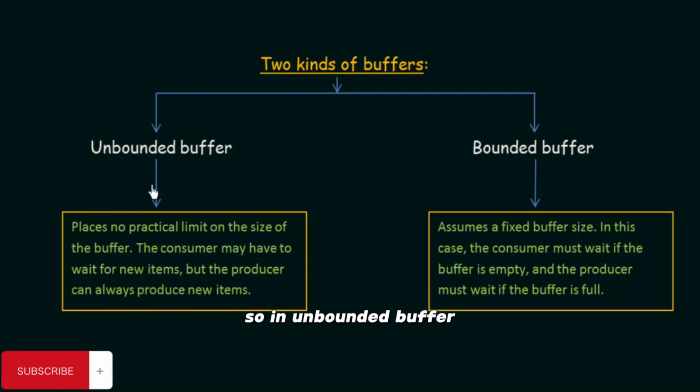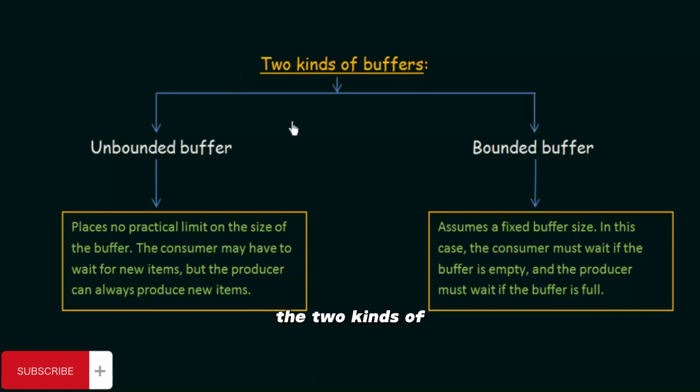In the unbounded buffer, the producer never had to wait because there is no limit on the size. But in the bounded buffer, the producer will have to wait for the consumer to consume some of the items and make more space so that it can produce newer items. So that is the bounded buffer.